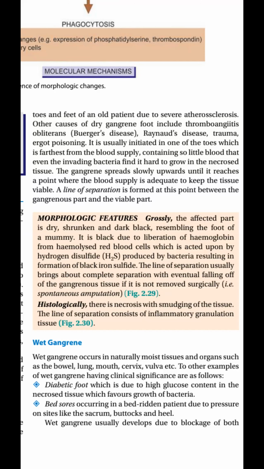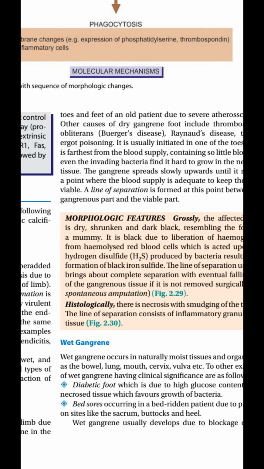That area will break, because there is no support; sooner or later the soft tissues and muscles are affected, and then eventually even the bone is affected. So it falls out. That is the last thing that happens. Now we'll see wet gangrene.